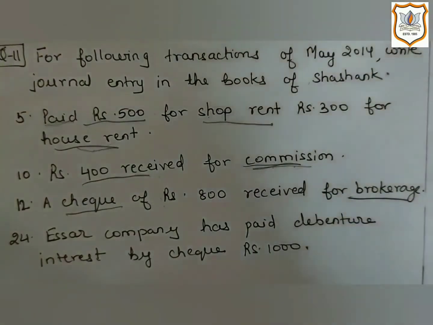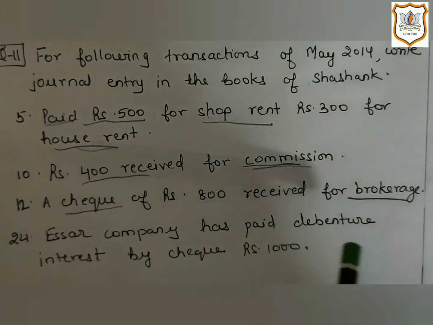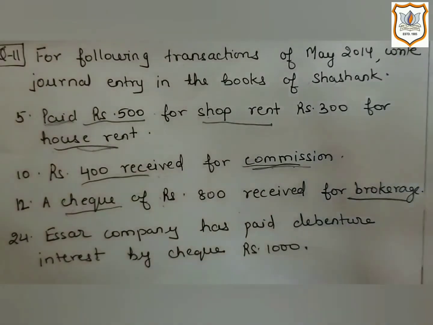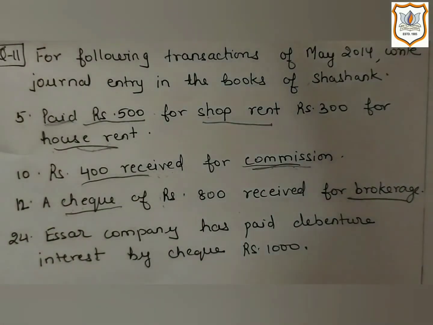Now let us see next transaction, date 24. SR company has paid debenture interest by check rupees 1000. So here let us see which two accounts are involved. Here you first need to know what is debenture.